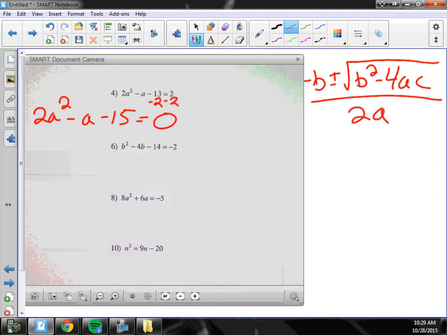Number 4. So what is negative b? On number 4, negative b would be the opposite of negative 1. So 1. So 1 plus or minus the square root of, not 2. What is negative 1 times negative 1? 1 minus 4 times a, which is 2.